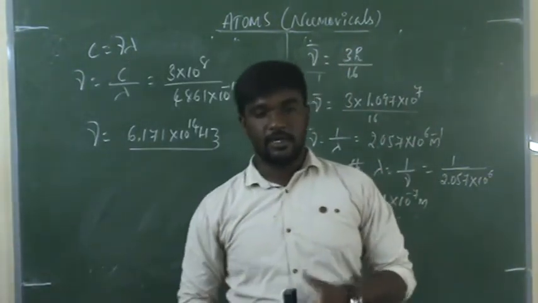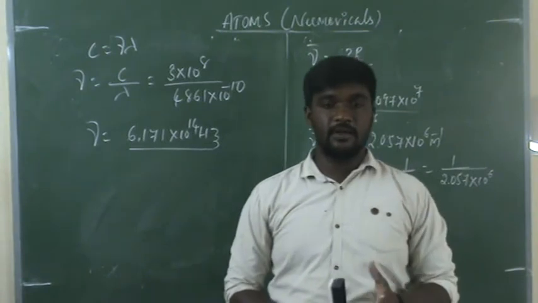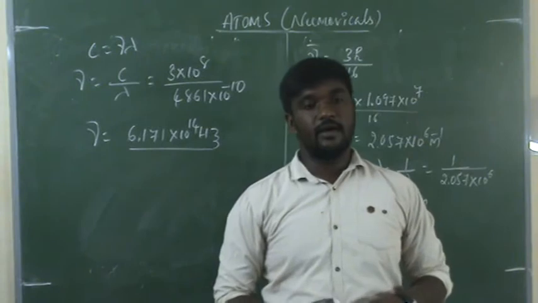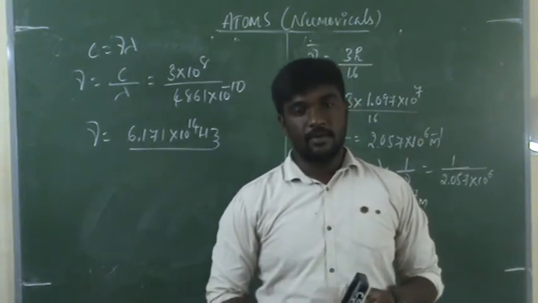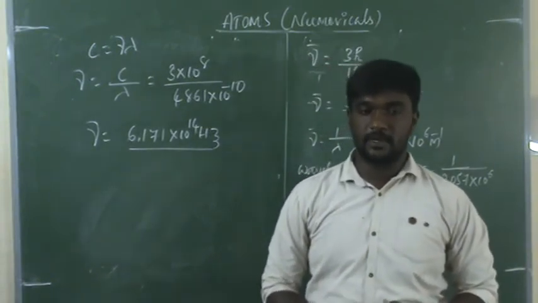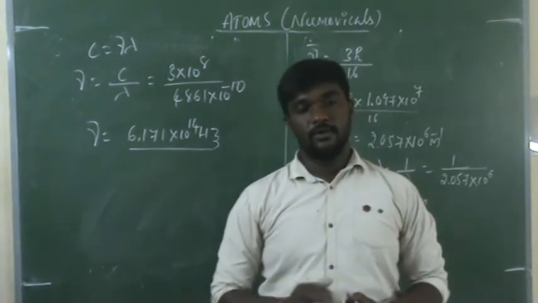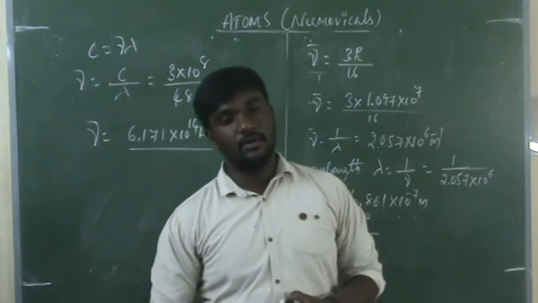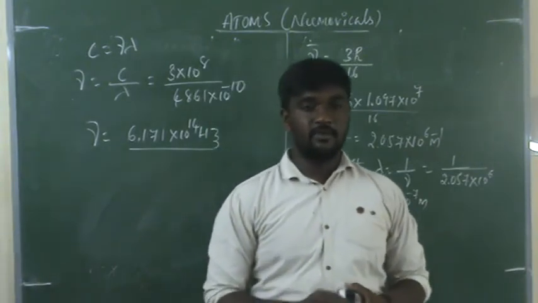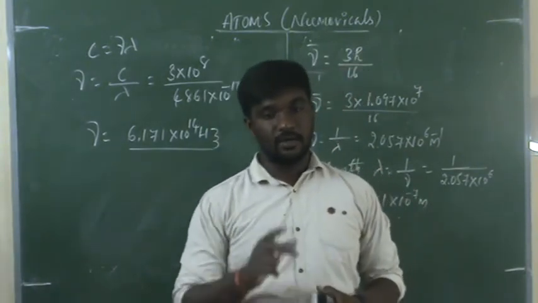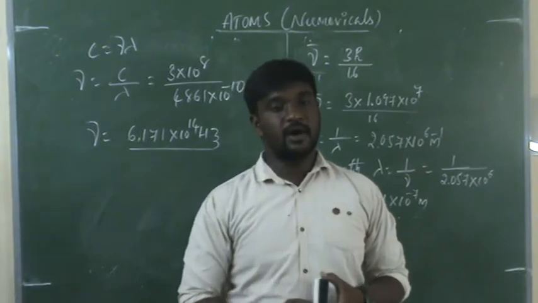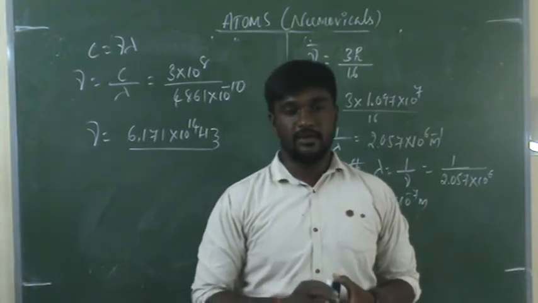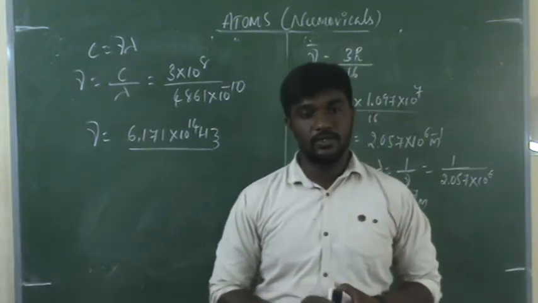So what is the question? Calculate the wave number, wavelength and frequency of the H beta line of the hydrogen spectrum. So we know the general formula: 1 over lambda equals R into 1 by n1 square minus 1 by n2 square.